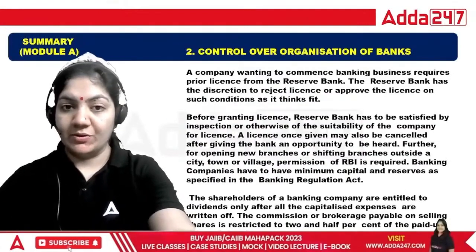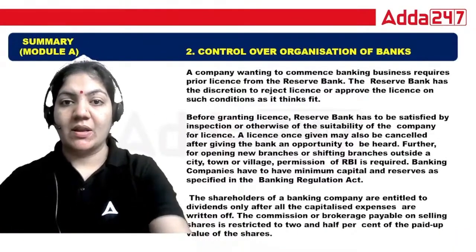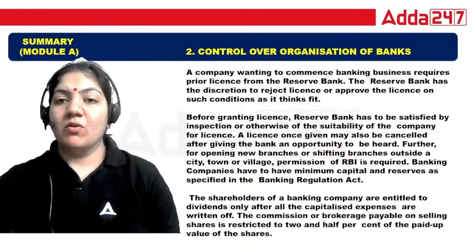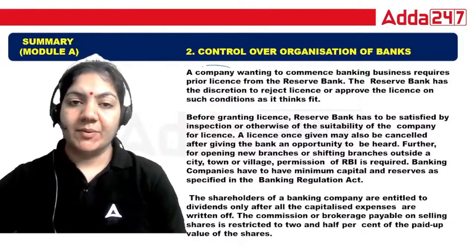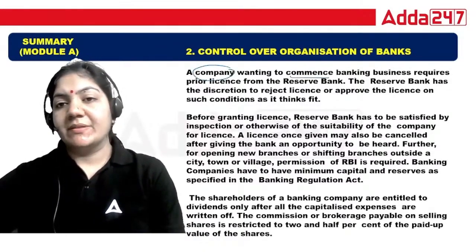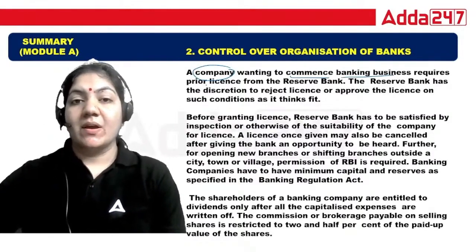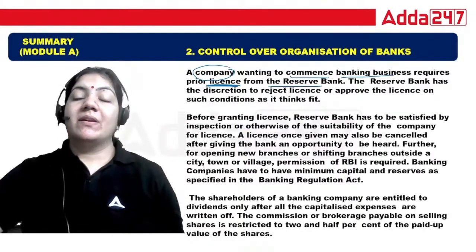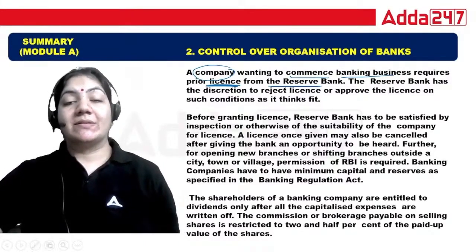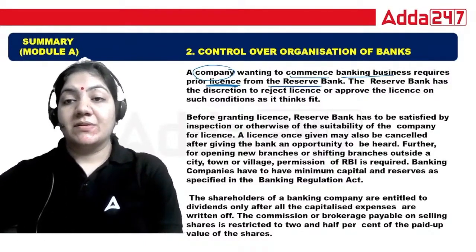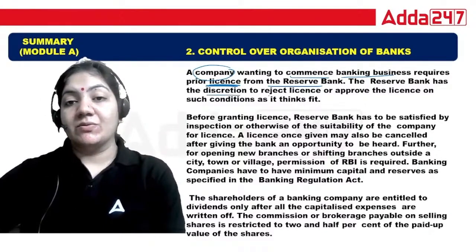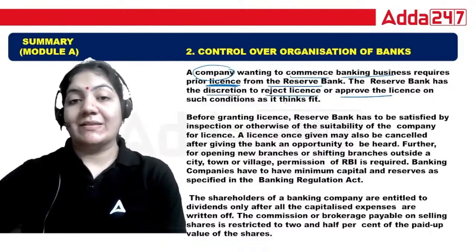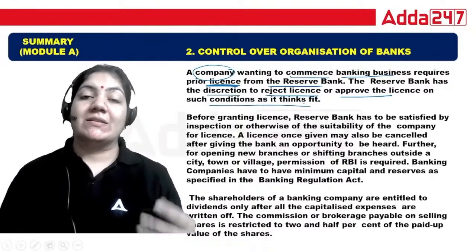Now, the second chapter of module A, that is important. Okay, now a company wanting to commence banking business requires a prior license from the Reserve Bank. We know that whenever any bank is established, they have to take a license from the Reserve Bank. The Reserve Bank has discretion to reject the license or approve the license on such conditions as it thinks fit.